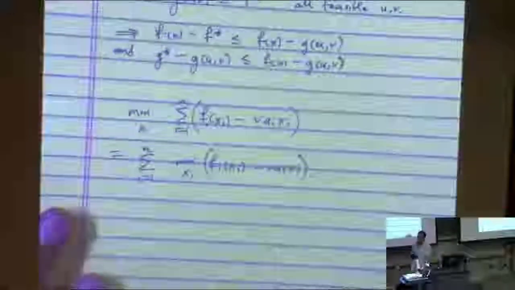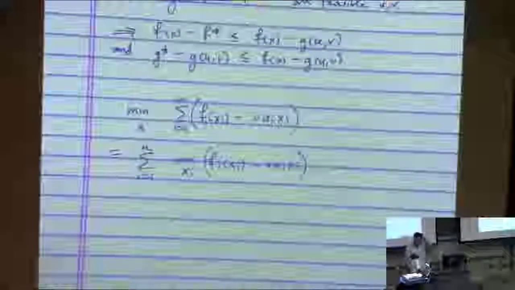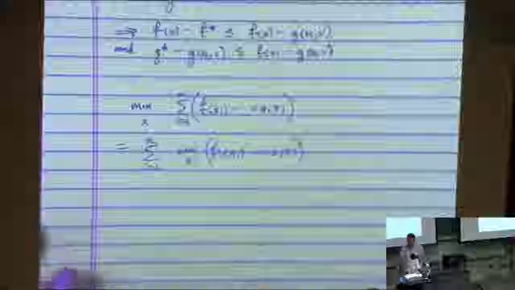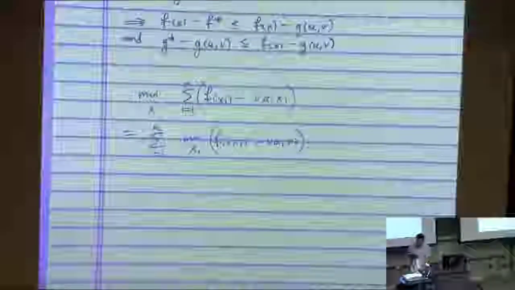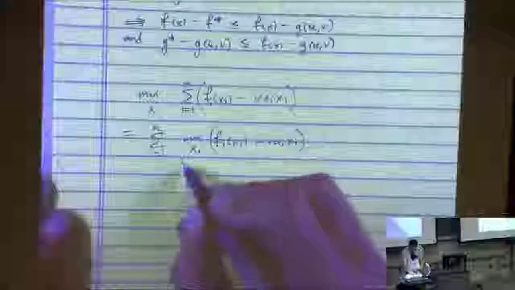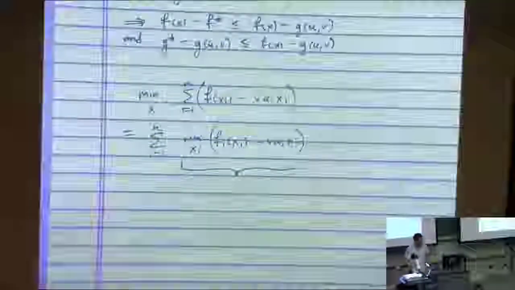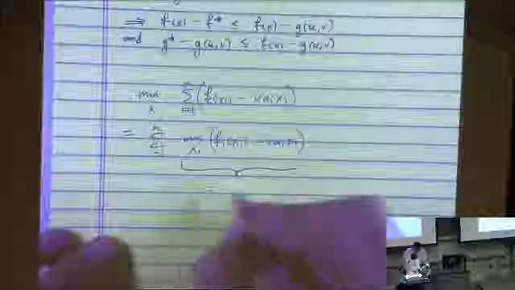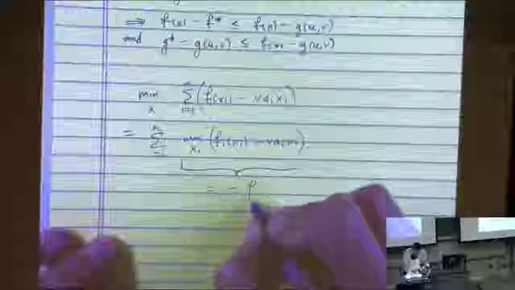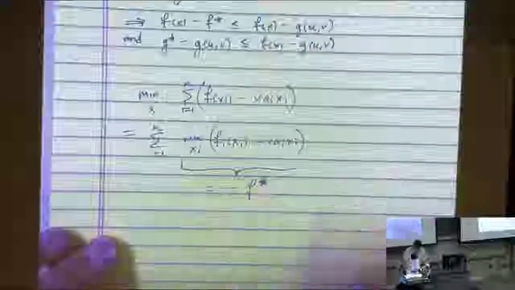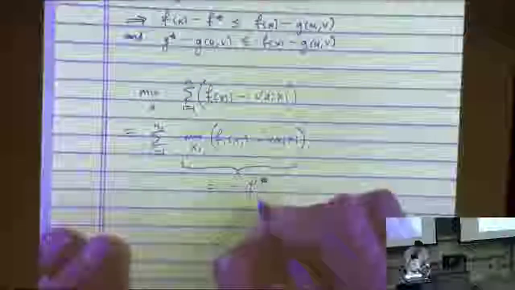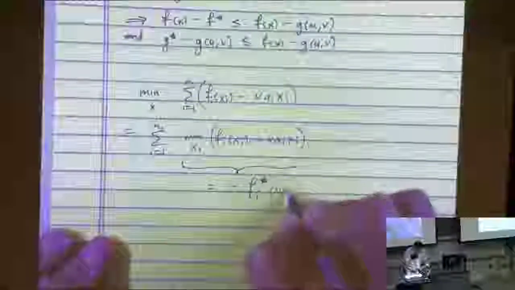Okay, and as I said, there's a more general version of this trick that makes the dual very nice that we're going to revisit later in the course. But I'm now just going to define this to be equal to the negative conjugate, that's supposed to be an asterisk, conjugate of fi evaluated at v times ai.